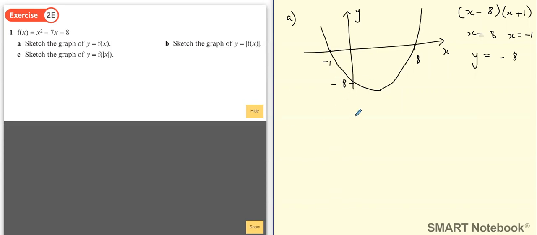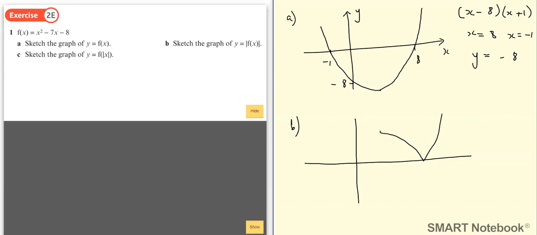Now, that's part A done. So for part B, we are going to look at everything below the x-axis, and we are going to reflect that in here.